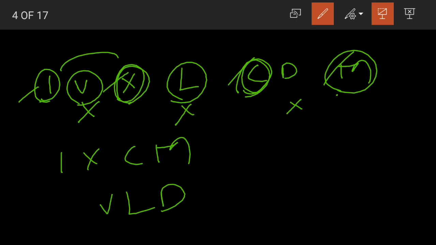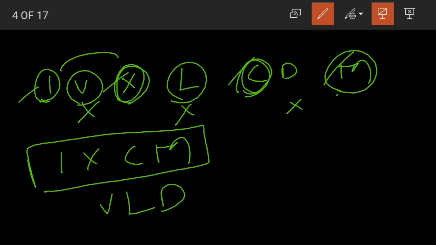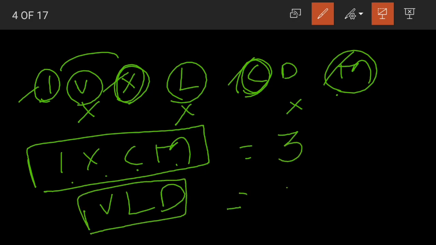Now where do we have many symbols? We have many symbols in this batch, which are I, X, C, M. So these can be repeated 3 times. These are lesser in number, right? So these can be used only once. Understood children? What did we do?